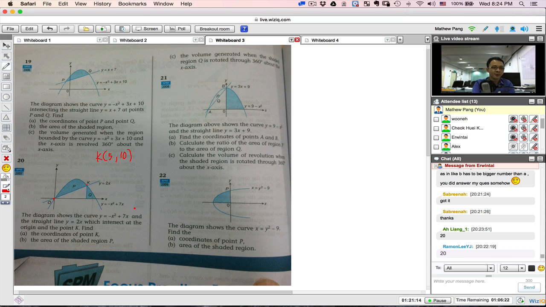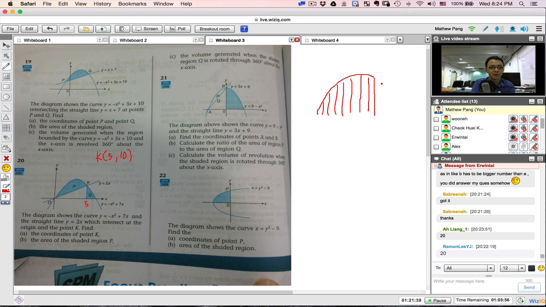Okay. What idea I got for the shaded region of P is something like this. I will integrate the curve from 0 to 5 here. If I integrate the curve from 0 to 5, you can imagine I will get every area from 0 to 5 to the x-axis.